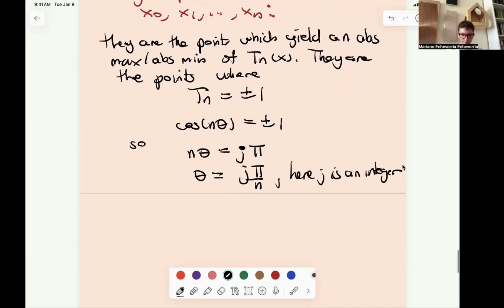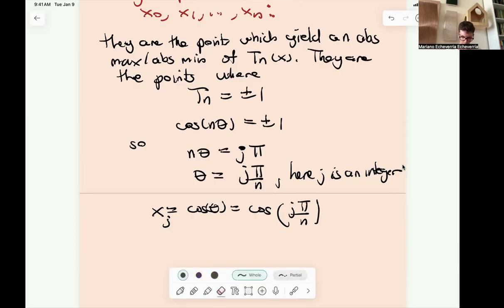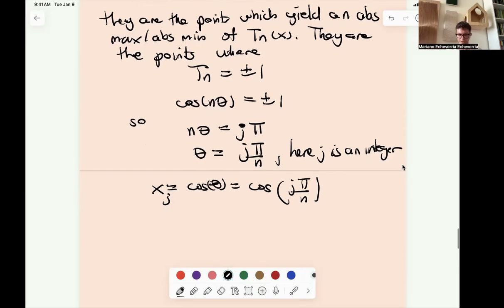And so the corresponding values for x, because x is cosine of theta, would be cosine of j pi over n. Okay, so the Chebyshev points: there are n plus 1 Chebyshev points, which are cosine of j pi over n.